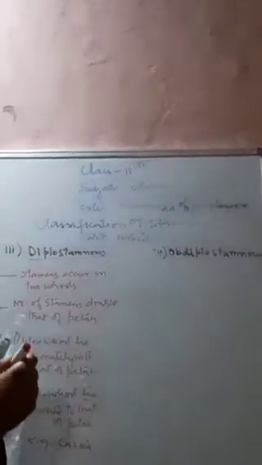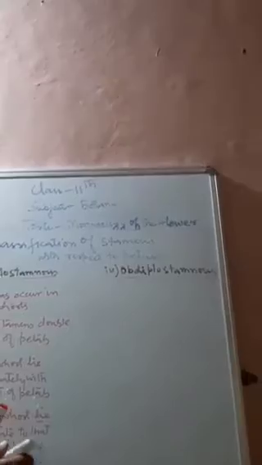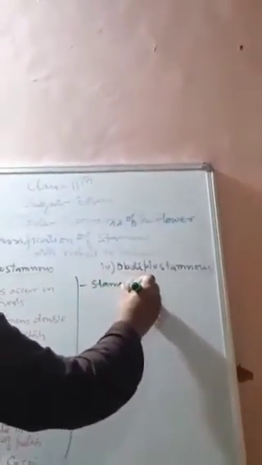Second, obdiplostemnous. Stamens occur in two whorls.